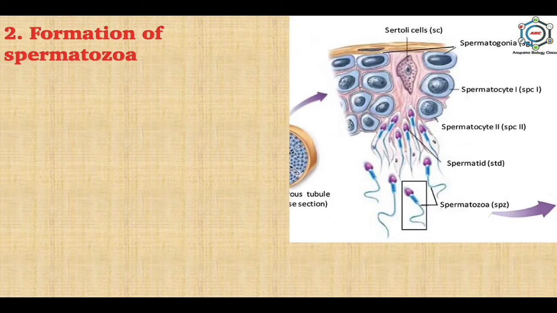In this picture, you see the spermatogonia form primary and secondary spermatocytes, which form spermatids. After metamorphosis, the spermatid forms spermatozoa. So here, from one spermatogonium, four haploid spermatozoa are formed.